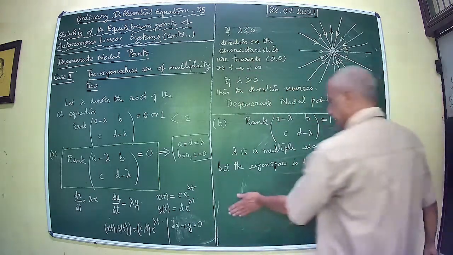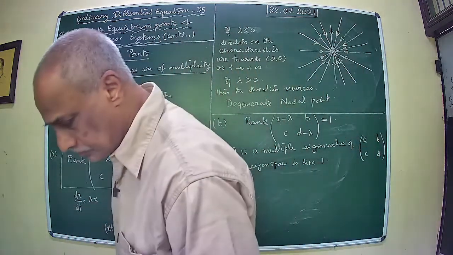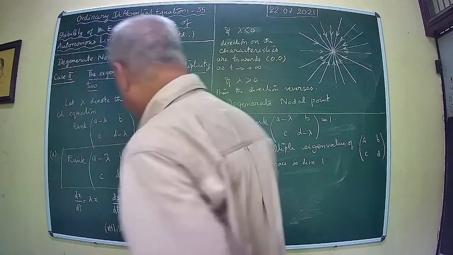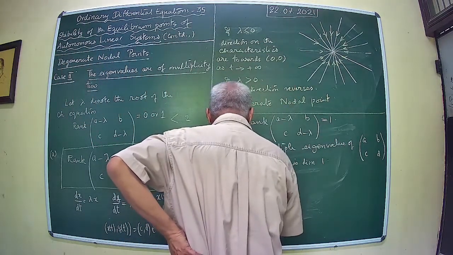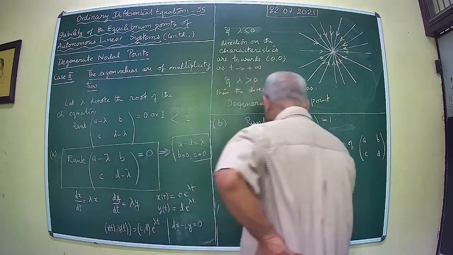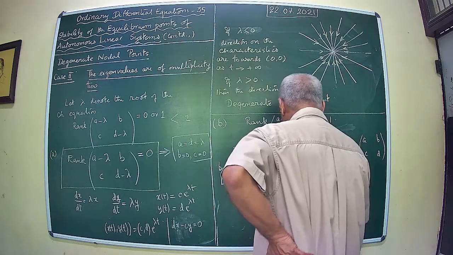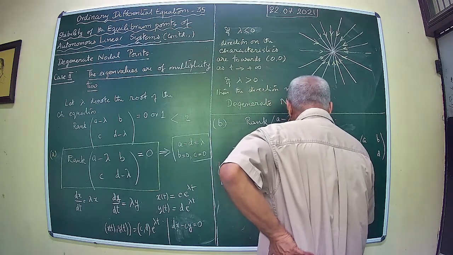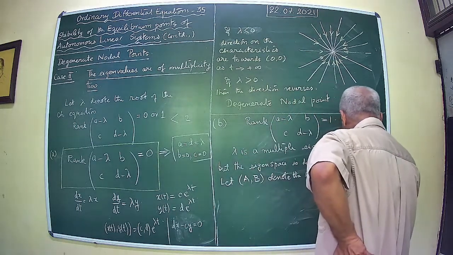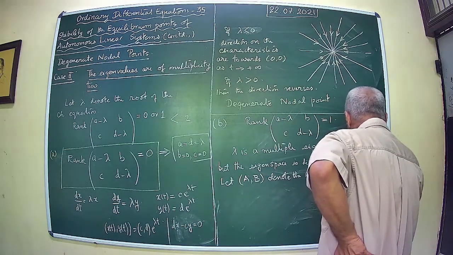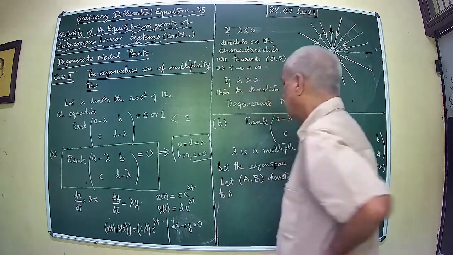So let us assume that the eigenspace is given by, so let lambda.